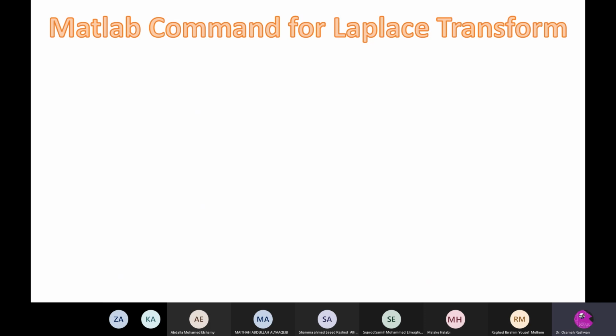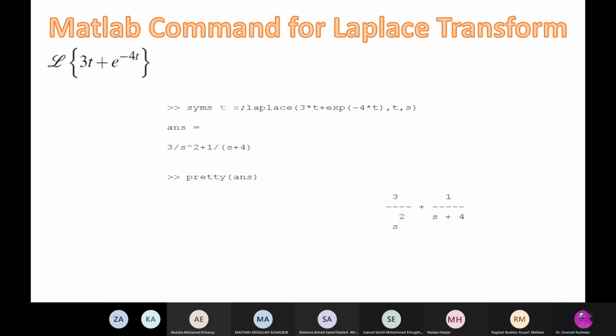What is the Matlab command for Laplace transform? Let's do this one, right? If you have Matlab, please try it with me. First, you define the two variables t and s, and then semicolon.